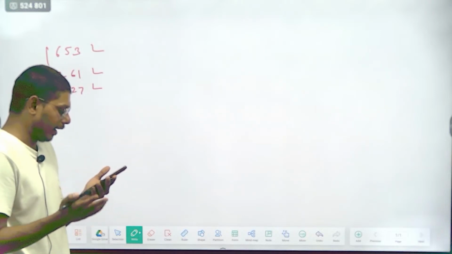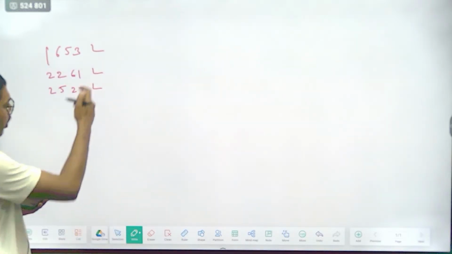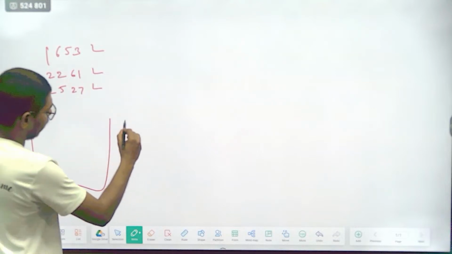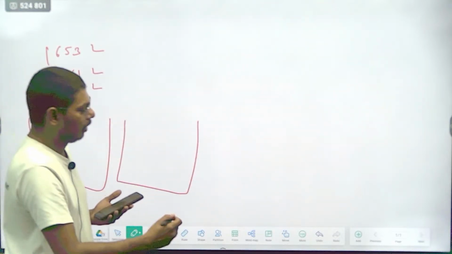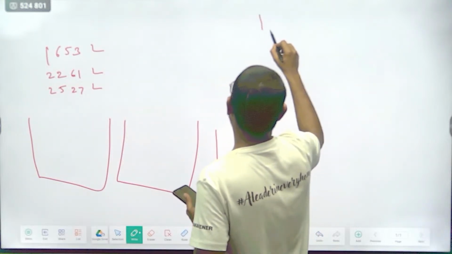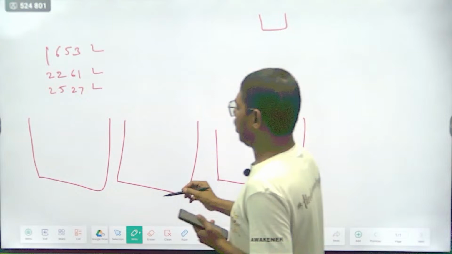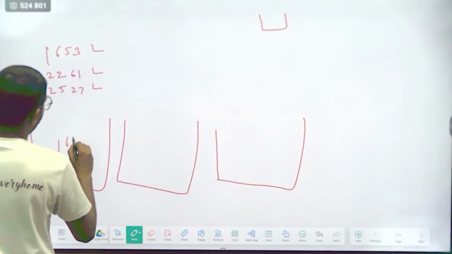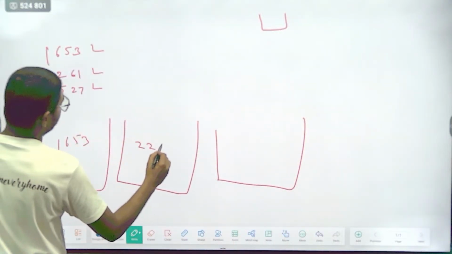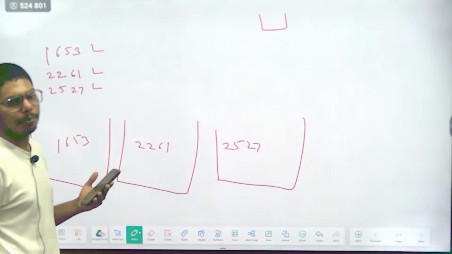So the greatest possible size of the measuring vessel, like these will possibly be this big drums, maybe even bigger than that. You need a measuring vessel, something like this. You want to measure these three, 1653, 2261 and 2527, completely.